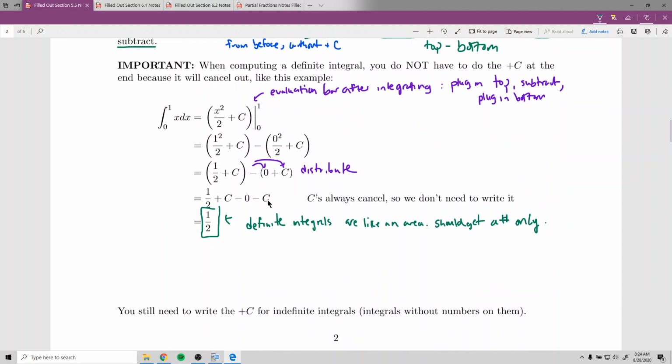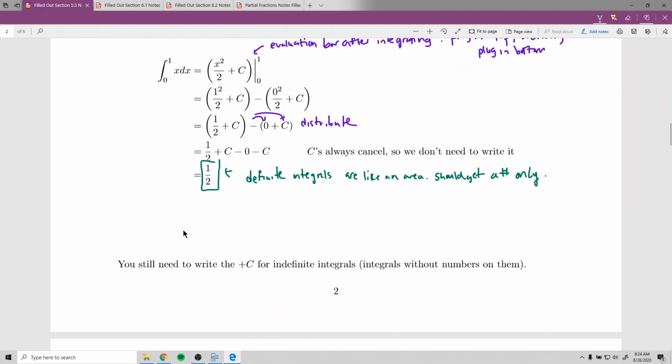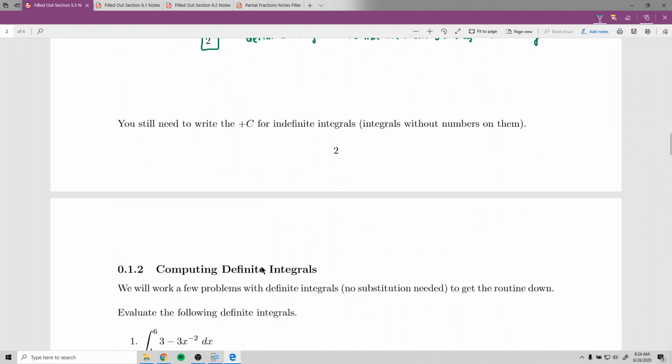All right, but that's just an example so I could show you how the c's cancel. If you are doing indefinite integrals like in 5.1 and 5.2, where you don't have numbers on the integral sign, then you still need to write the plus c. That rule hasn't changed. But if you have the numbers on them, you do not need the plus c.